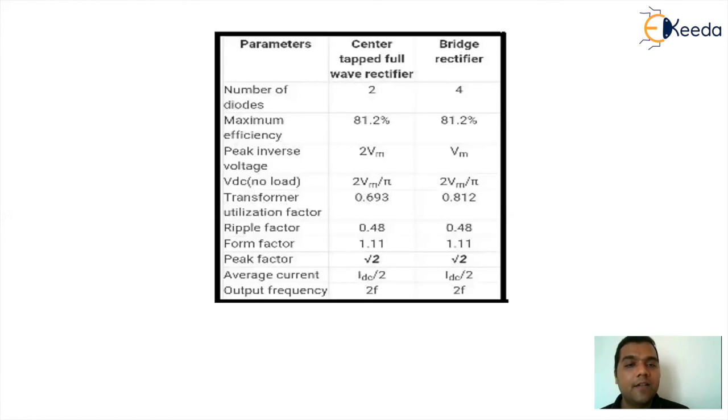And that's the reason you can see the transformer utilization factor is better in bridge rectifier compared to the center tap full wave rectifier circuitry. So I hope all of you are able to understand the operations of half wave, full wave using center tap transformer, and full wave using bridge rectifier circuitry.